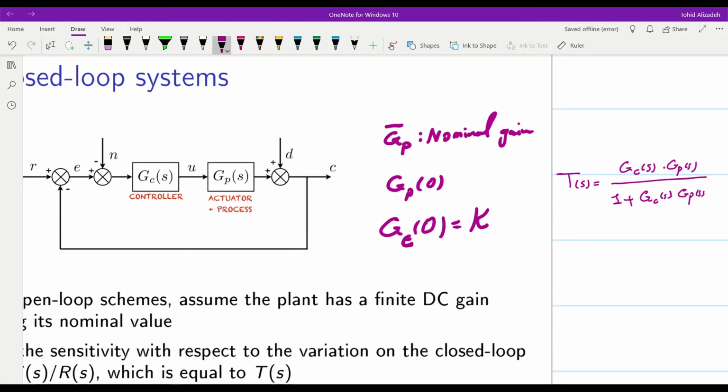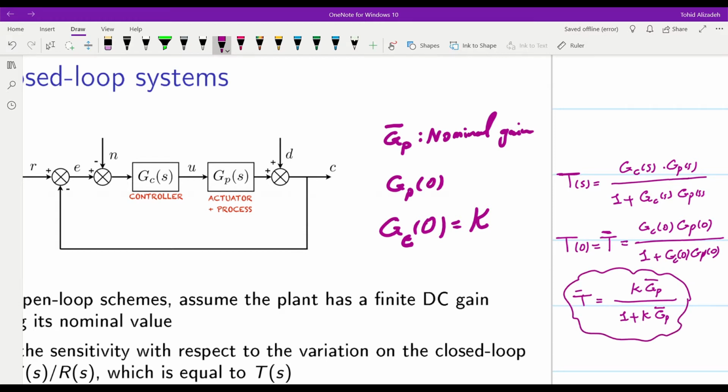And for the closed loop system as well, we can find out the DC gain. So we can evaluate it at S equal to 0, T at 0, which we can refer to as T bar, and it will be obtained as GC at 0 times GP at 0 over 1 plus GC at 0 times GP at 0, and therefore T bar will be obtained as K times GP bar over 1 plus K times GP bar.